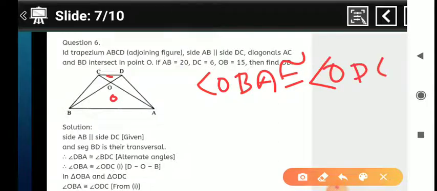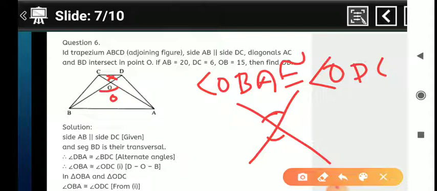This is one pair of congruent angles. The second pair is the vertically opposite angles: angle BOA and angle DOC are vertically opposite and also congruent.